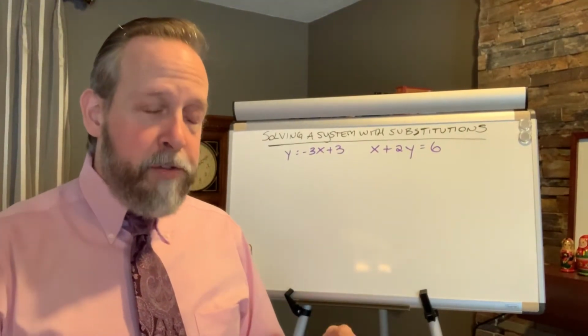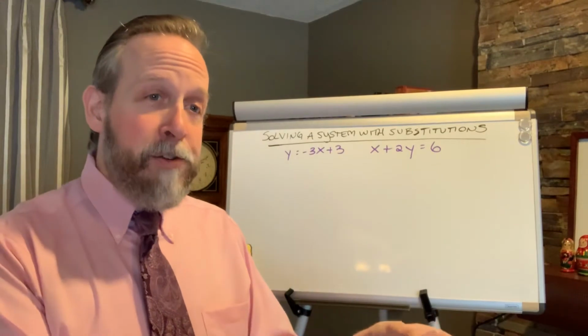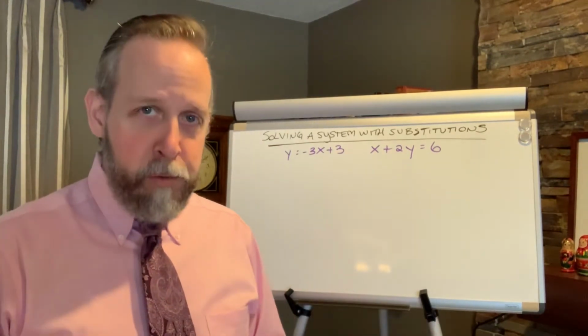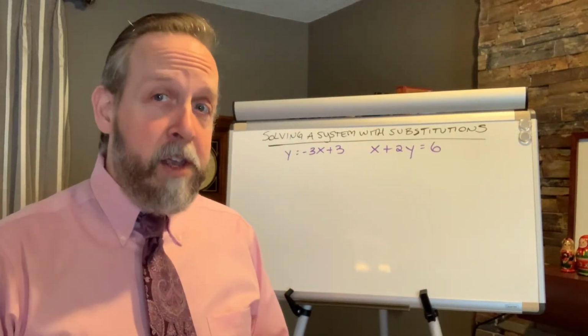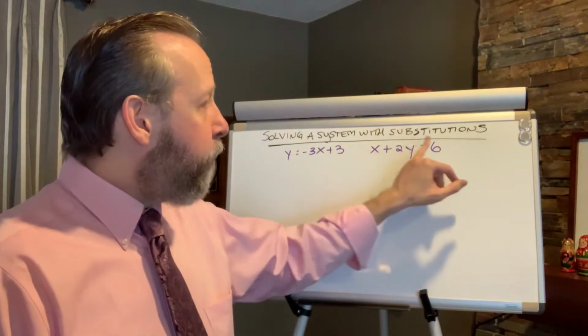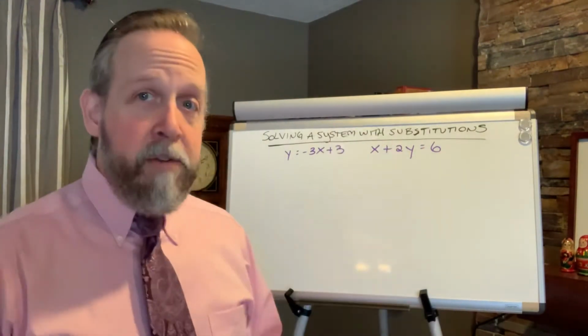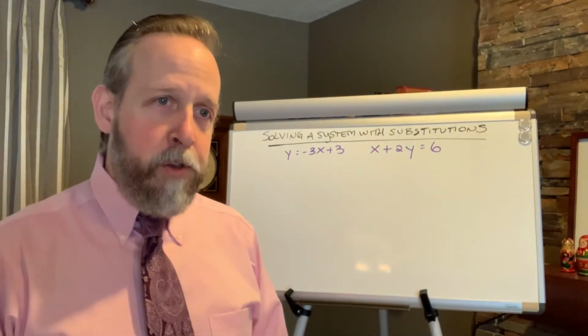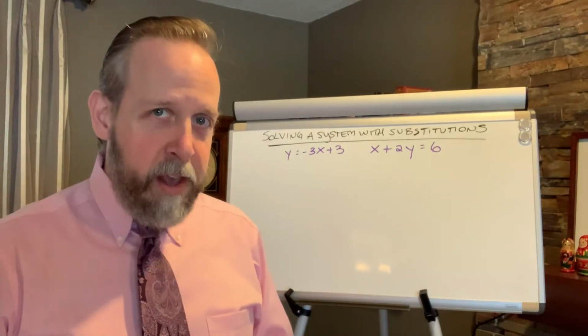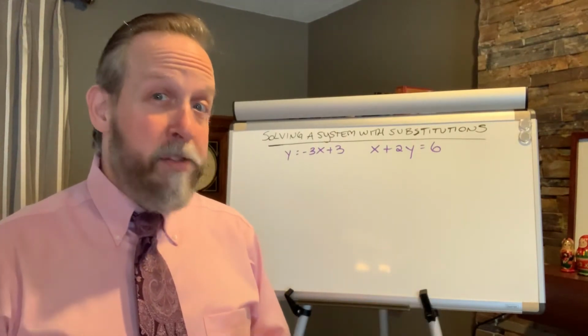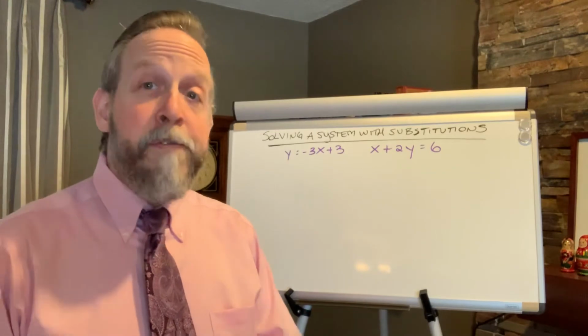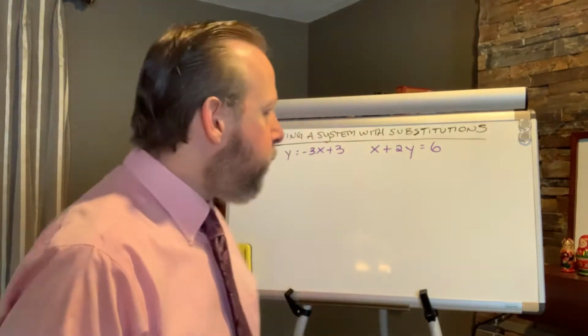Either make sure they're both in slope-intercept form and then set them equal to each other and solve the way we just did. So you would subtract x from both sides and divide by 2.